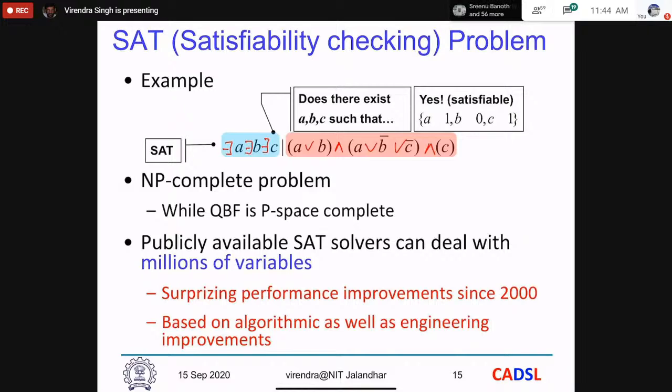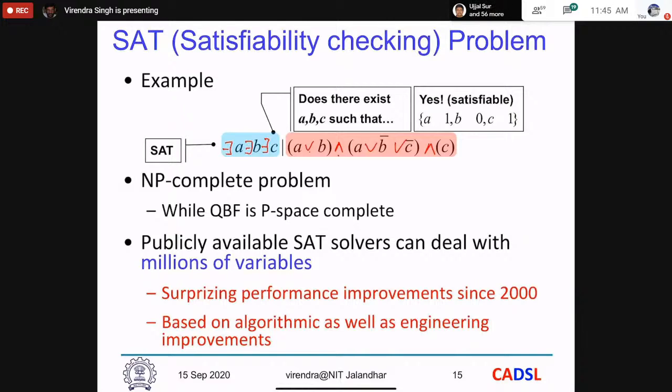So what it says, does there exist a, b, c such that this formula is satisfied? In this case, this is or, this is and. I don't know whether you are coming from computer science or electrical engineering.